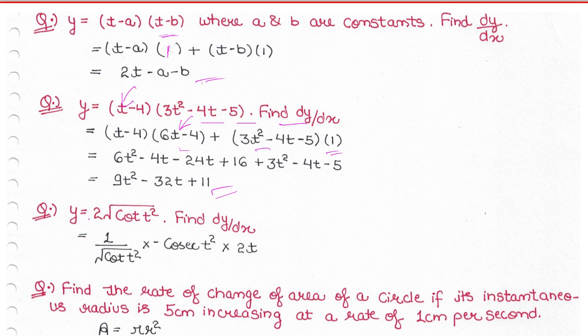Now if we have y is equal to 2 square root of cot t square, find dy/dx. So 1 by square root of cot t square into minus cosec t square into 2t.